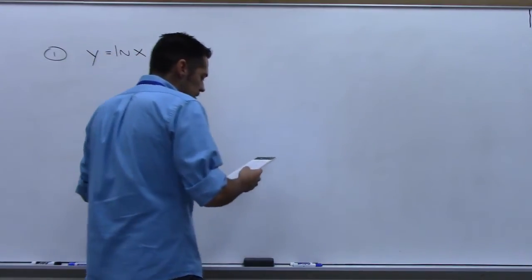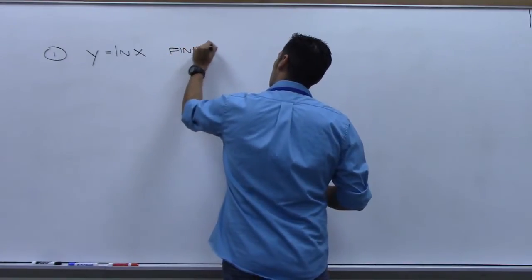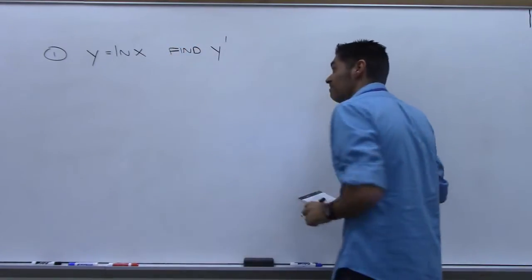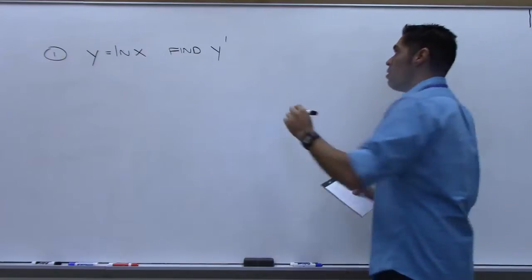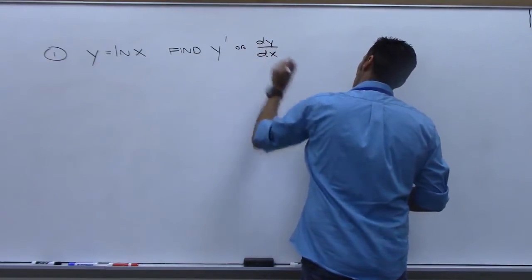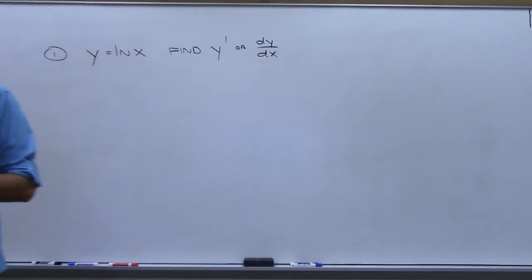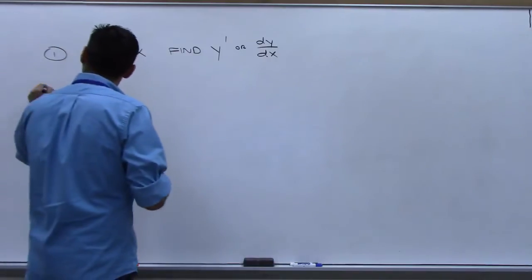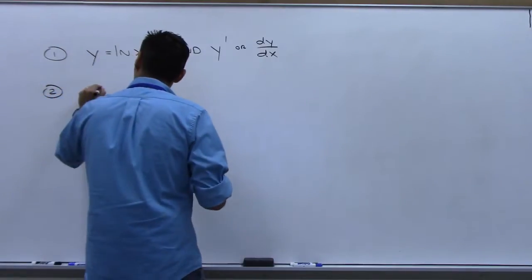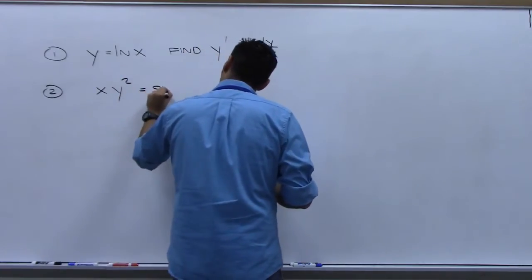So y is equal to the natural log of x. I want you to find y prime. Or if you don't like that notation, I want you to find dy/dx. And number 2, I'm going to write the equation xy squared equals sine y.